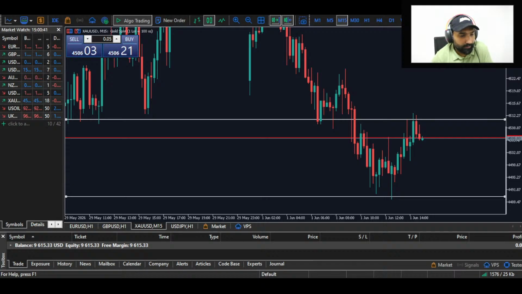We have created a 30-minute downward bearish candle.